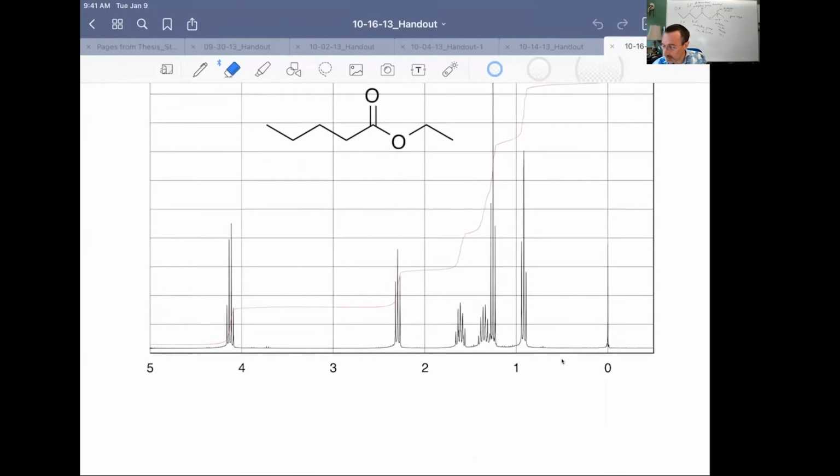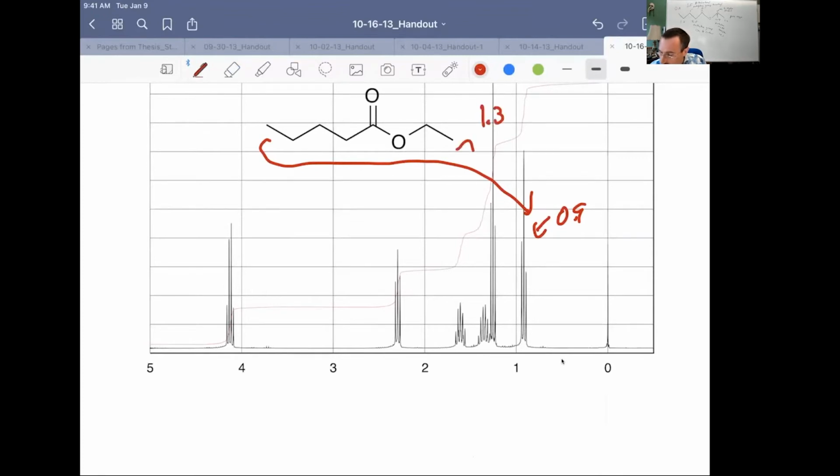If we look, we have about 0.9, and that's going to correspond to this methyl group. Then, let's just go with the easy stuff here, we have about 1.3. That's going to correspond to this methyl group. And we have about 4.1.